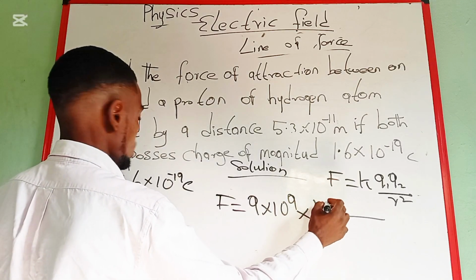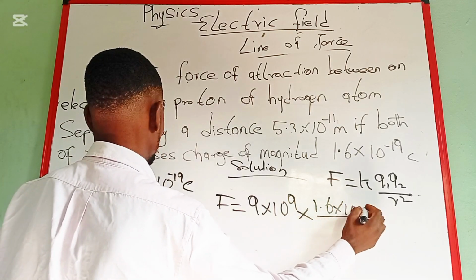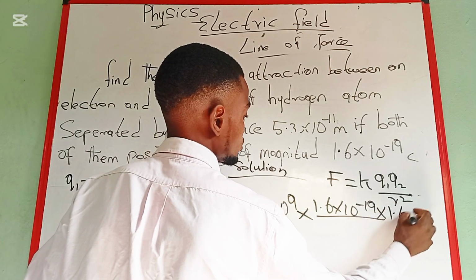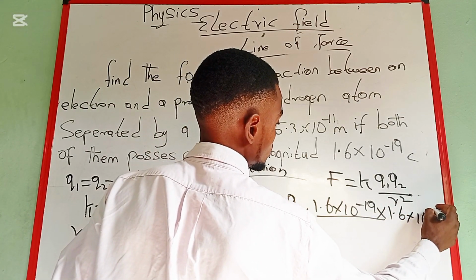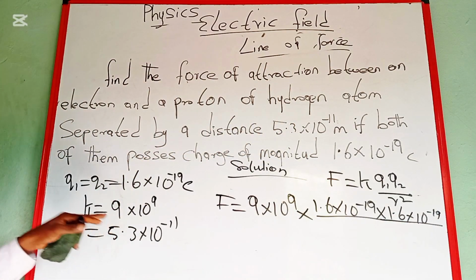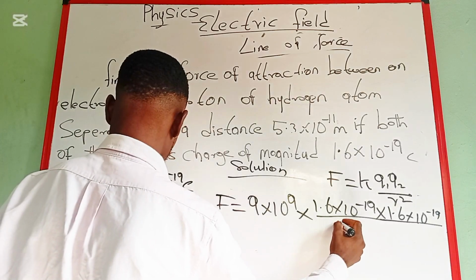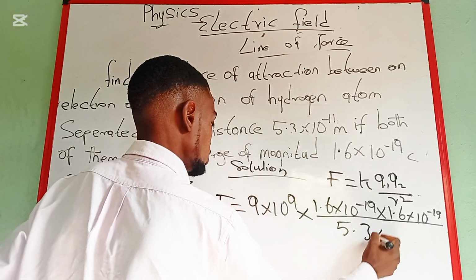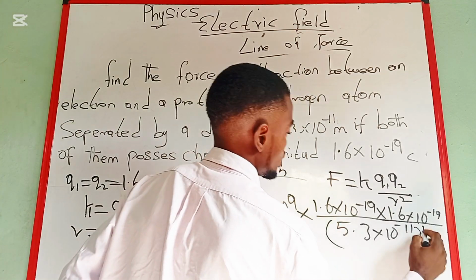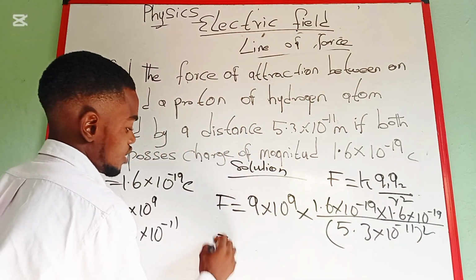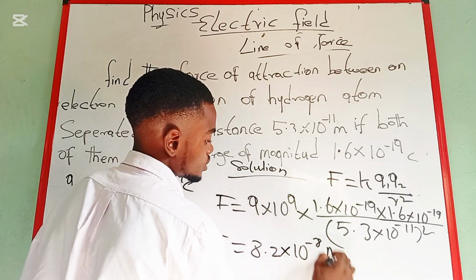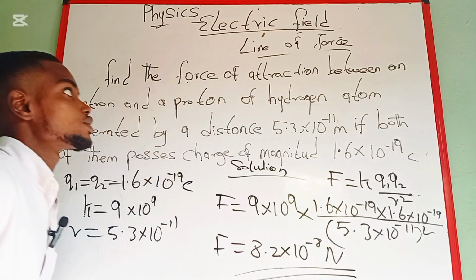The first one and the second one have the same value, so this is multiplied by the same value, all over the distance, which is 5.3 times 10 raised to the power negative 11. Now we have to square it. And the final answer after calculation will give you 8.2 times 10 raised to the power negative 8 Newton. So that is it.